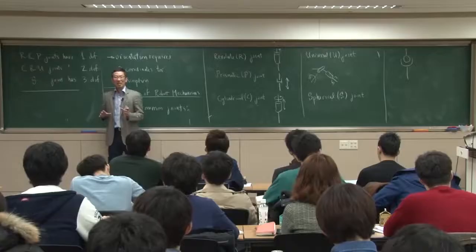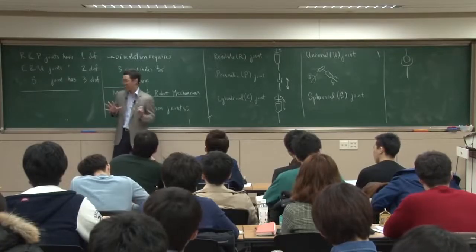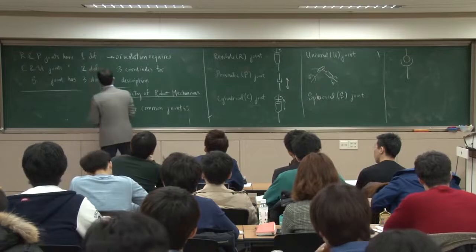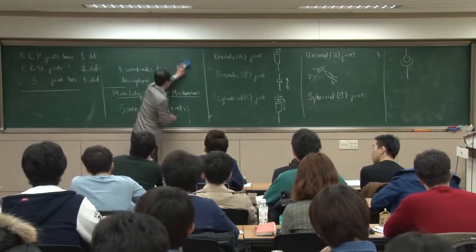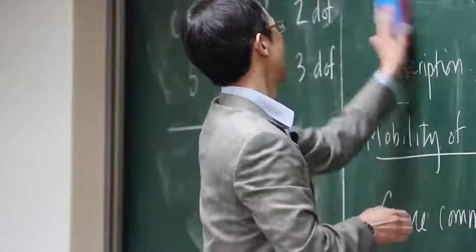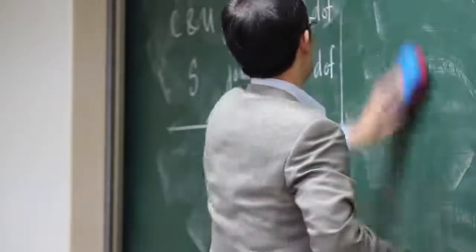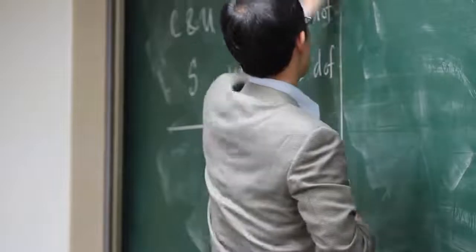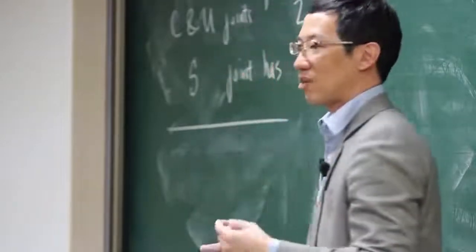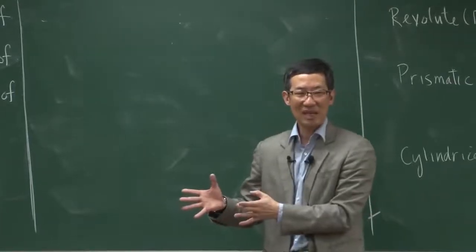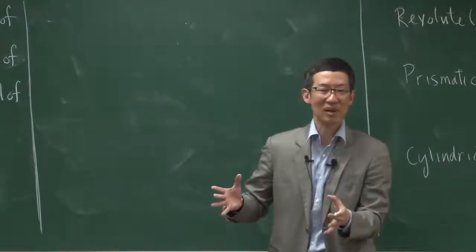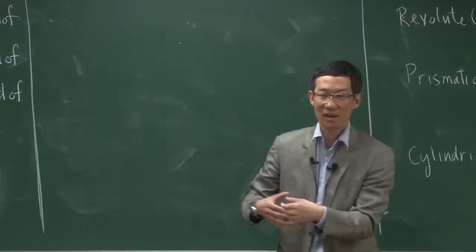Now let's look at some basic mechanisms. Let's start off with the simplest one. At the beginning of the class we asked, where's the coin, pretending the coin was a robot.